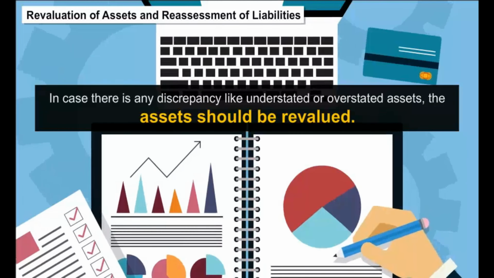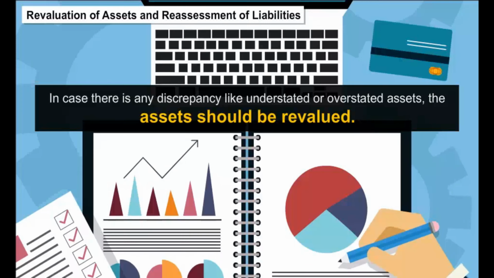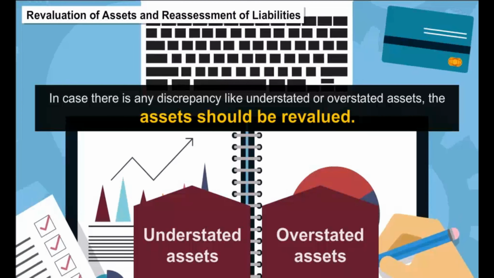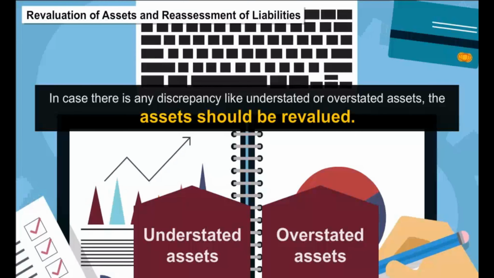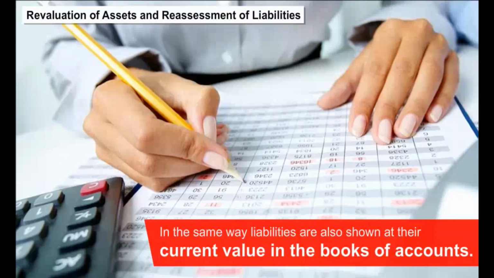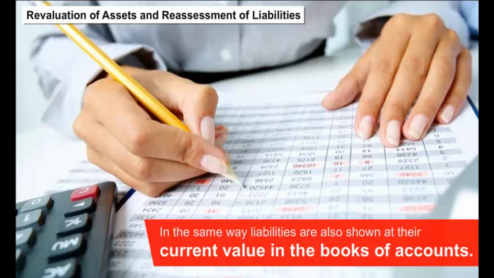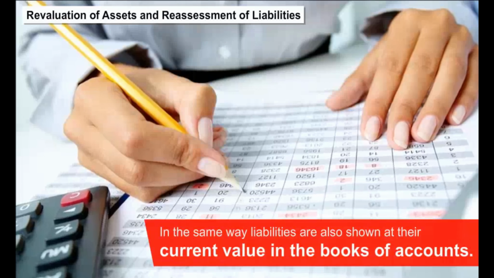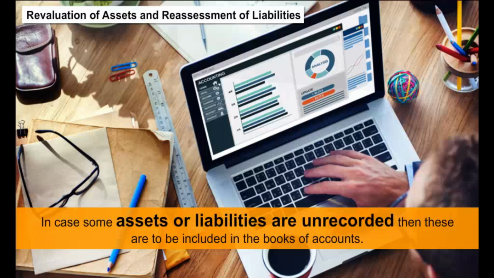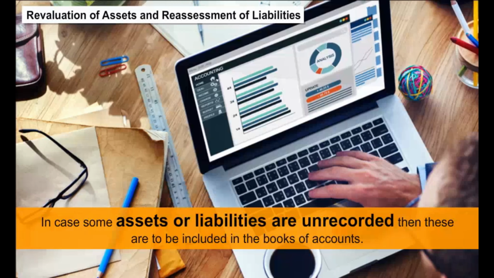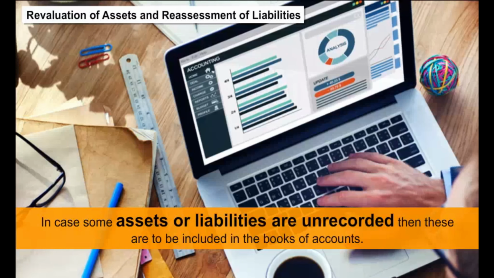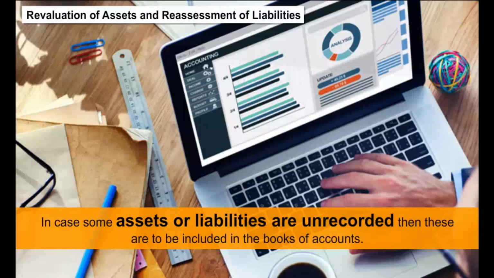In case there is any discrepancy like understated or overstated assets, the assets should be revalued. In the same way, liabilities are also shown at their current value in the books of accounts. In case some assets or liabilities are unrecorded, then these are to be included in the books of accounts.